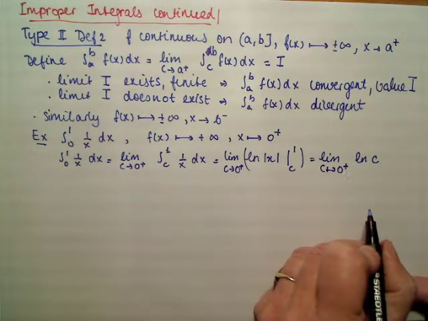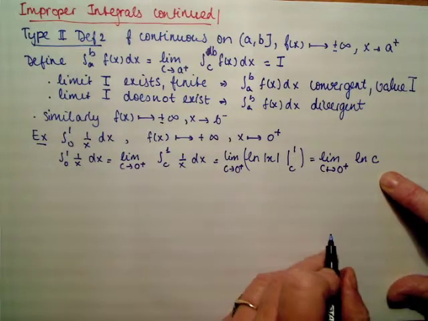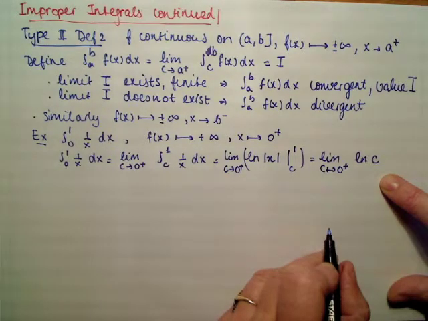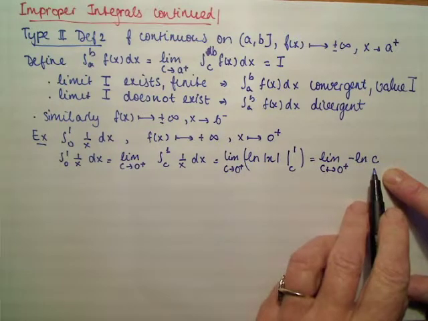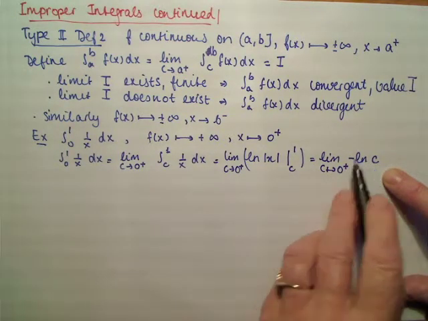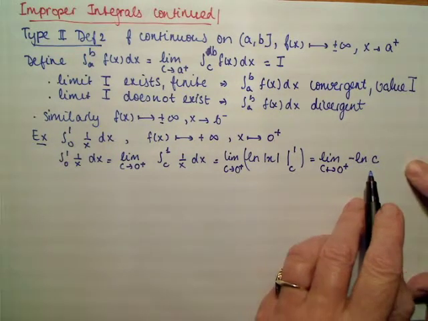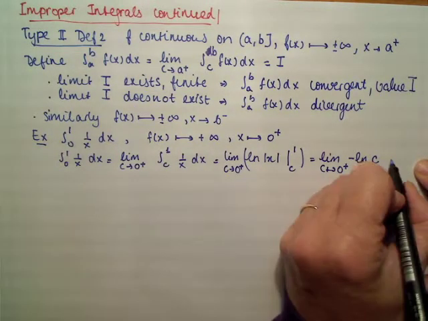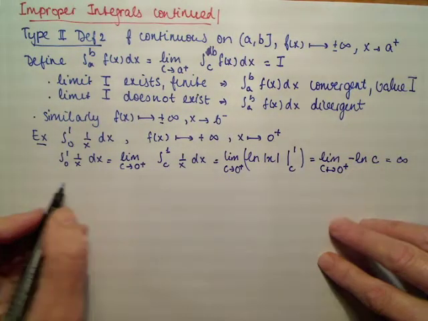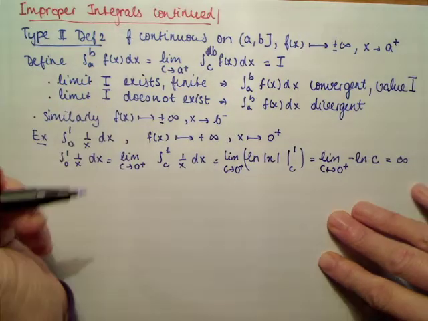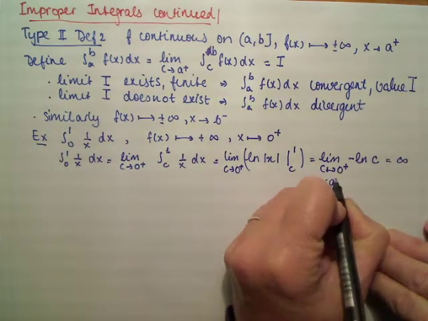Since the logarithm converges to minus infinity as c tends to 0, minus ln c converges to plus infinity. So the limit doesn't exist, and we have a divergent improper integral.